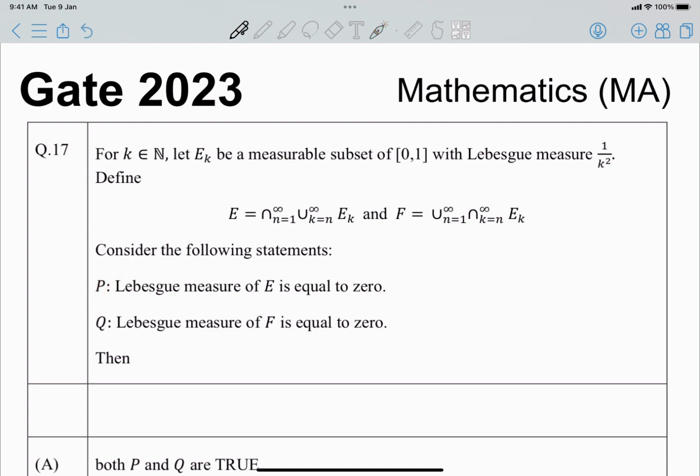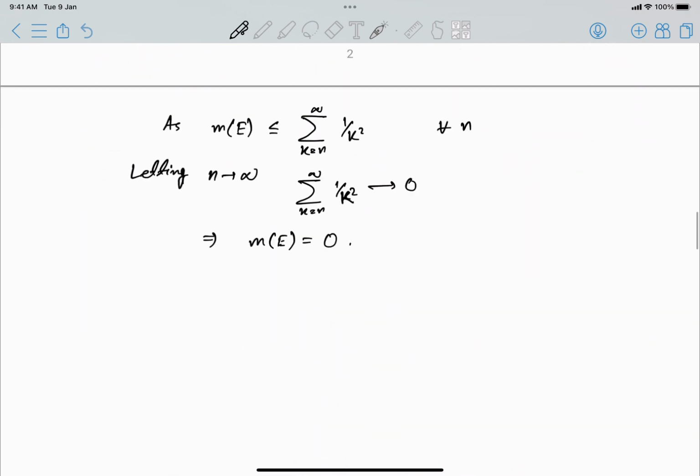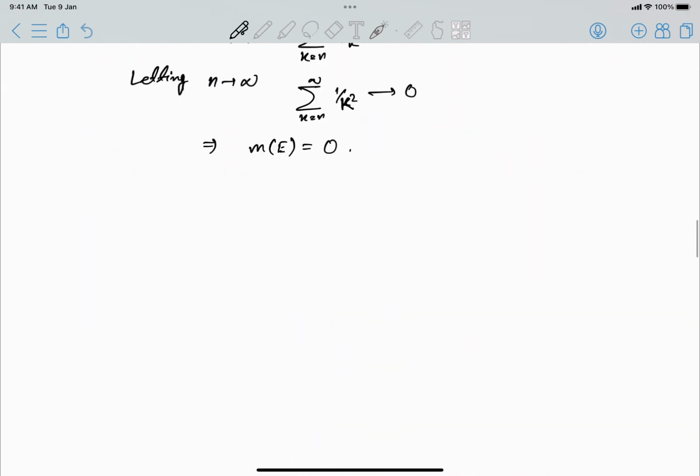Now let's check the next option. Lebesgue measure of F is equal to 0. This can be done similarly. So let's check, what is F? M of F, basically M of union n equals 1 to infinity, intersection k equals n to infinity Ek, right?